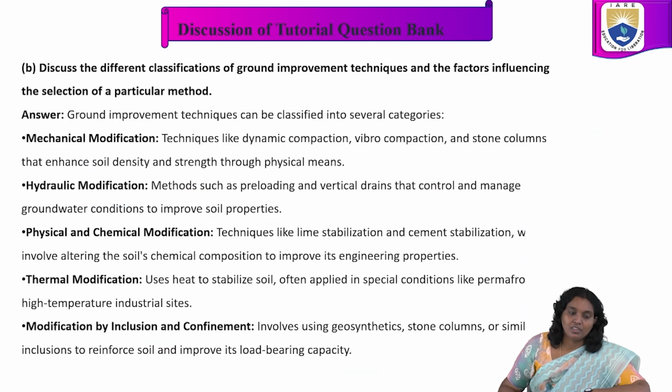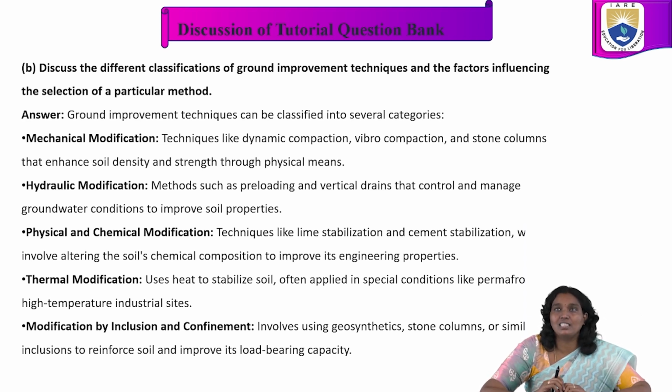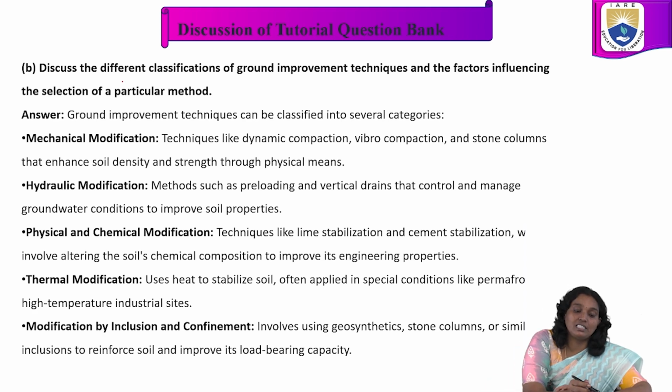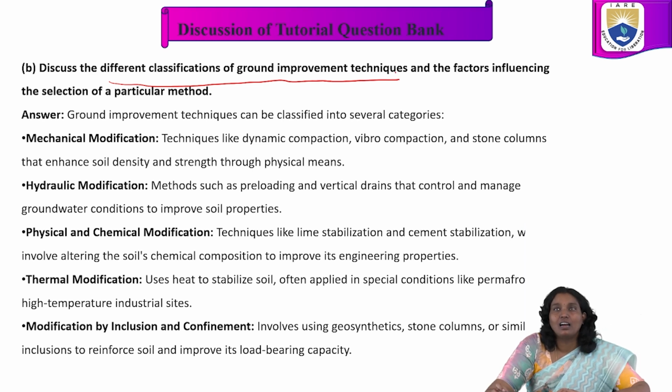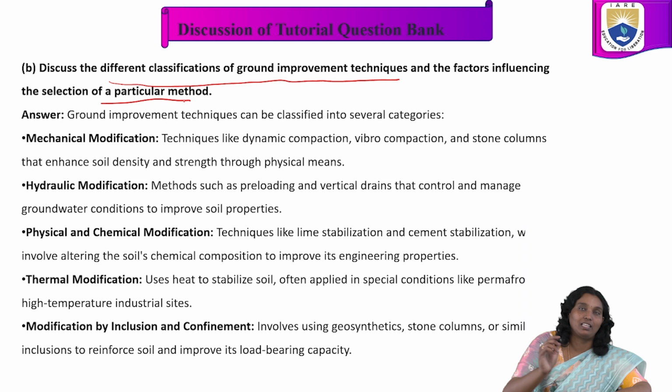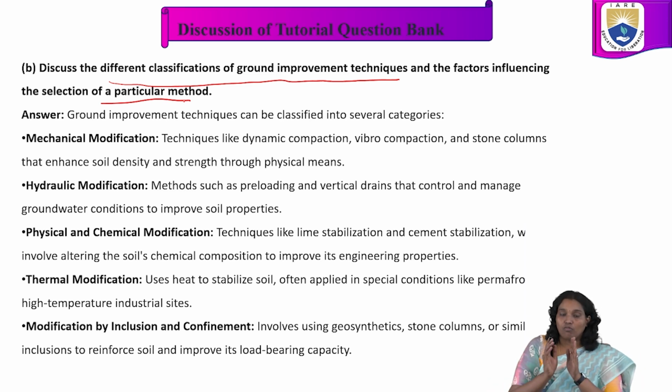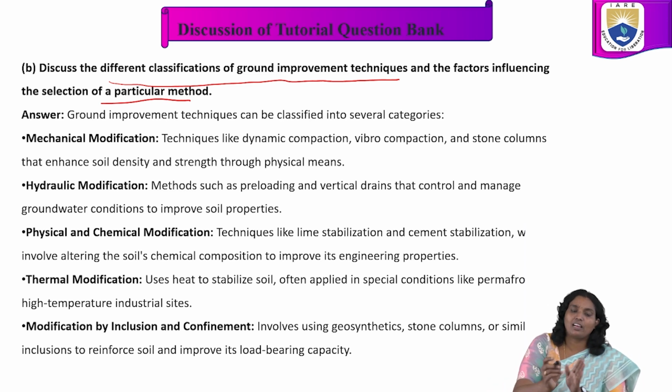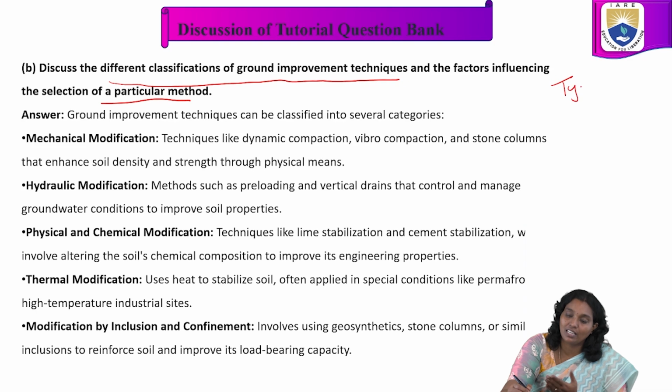And next, discuss the different classifications of ground improvement techniques and the factors influencing the selection of a particular method. It means what are the different types of ground improvement techniques and how they are classified.